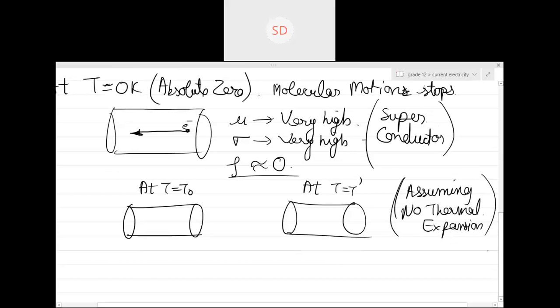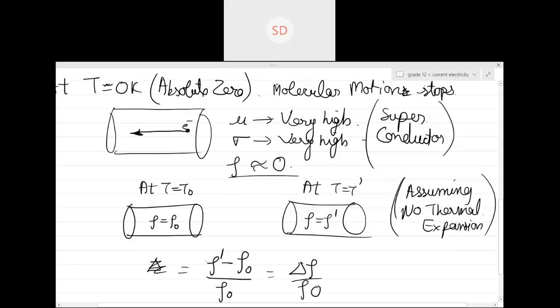So if there is no thermal expansion, the length will remain same, the area will remain same, everything will remain same. If the resistivity at the first temperature is rho naught, and at the second is rho dash, then rho dash minus rho naught upon rho naught is the change in resistivity upon original resistivity, so this is delta rho by rho naught. Is this clear, guys?